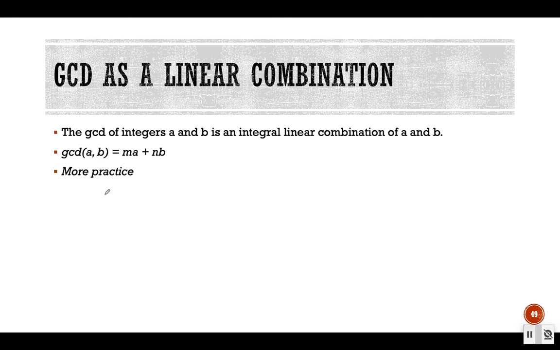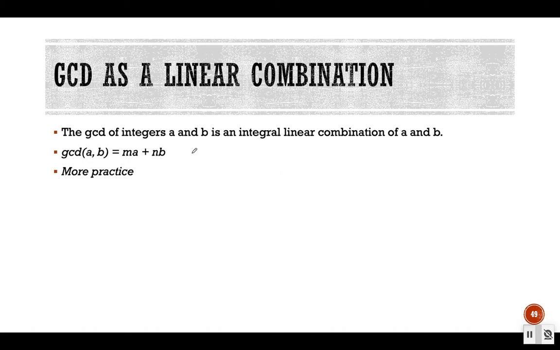But when we are dealing with a lot of plus and minus, there is always a chance that we miss some number or some sign and make a mistake. So first we are going to find the GCD using the Euclid algorithm, and then we are going to go backward through the steps to find the linear combination of the GCD of A and B. Before that I'm going to use one example to find the GCD of two numbers using the Euclid algorithm, which will also give us another practice with it.